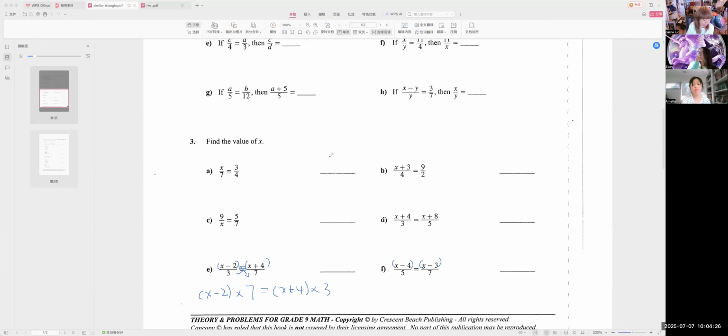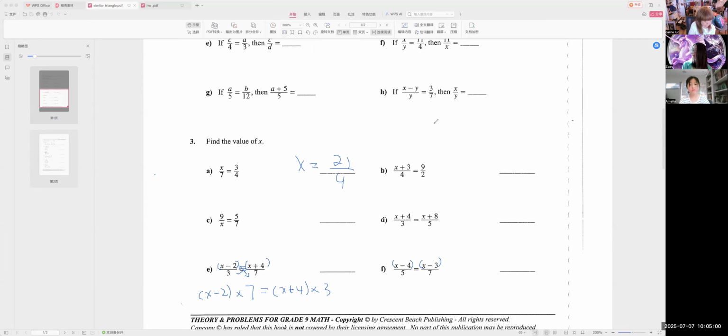First question equals what? 5.25. Okay, so equals what? 21 over 4, right? Number 2, Zoe? Oh, I thought we had to calculate it.